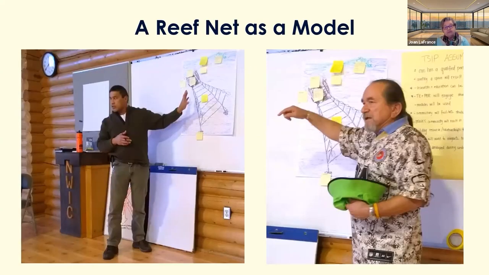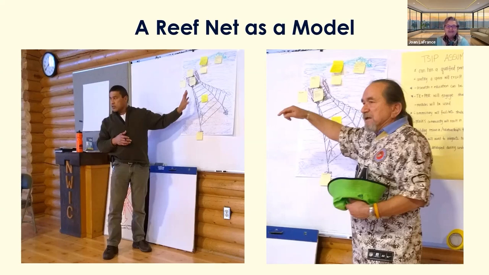Here's some examples. In this case, the reef net became the cultural metaphor for the program's model. And we have here the reef netter and kind of elder who was part of a community process at the college. That's the college administrator.